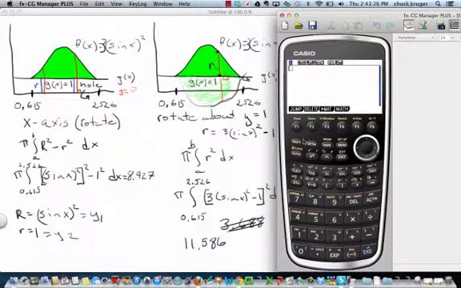Let me try this again. Let's go to math, let me integrate, I'm doing this particular one right here, so I'm going to go to my vars, I'm going to go to my graph, I'm going to get y1, and I am squaring it minus, let's go to y2. I'm squaring that. And over here I have 2.526.